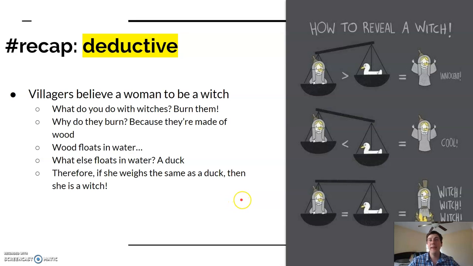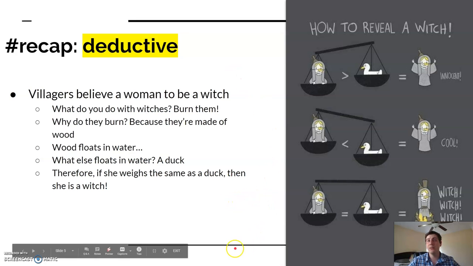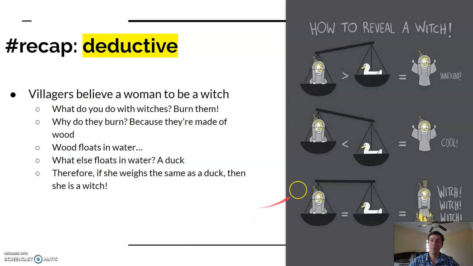However, the information inside of them is not true, making it not valid. It is an invalid argument. So that's the strengths and weaknesses behind inductive and deductive reasoning: they're only as good as the information that you plug into the arguments.